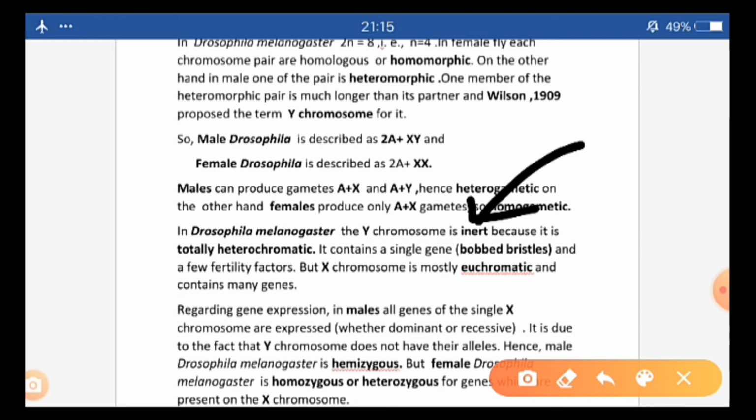But the X chromosome of the male as well as the X chromosome of the female, in case of female there are two X chromosomes. So the X chromosomes are active because they are euchromatic, mostly euchromatic.